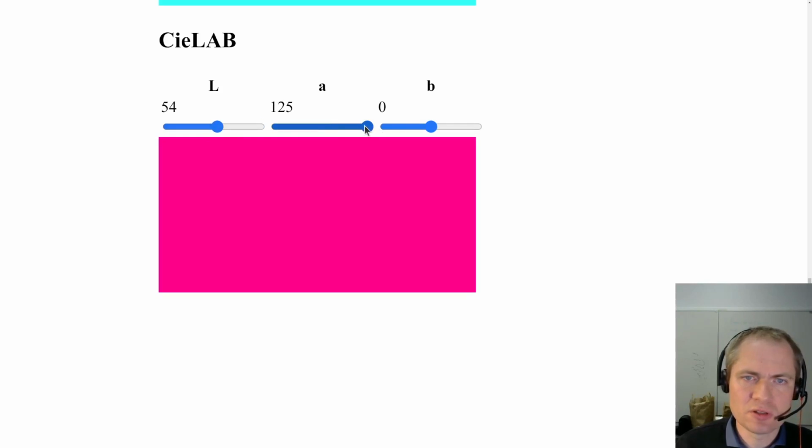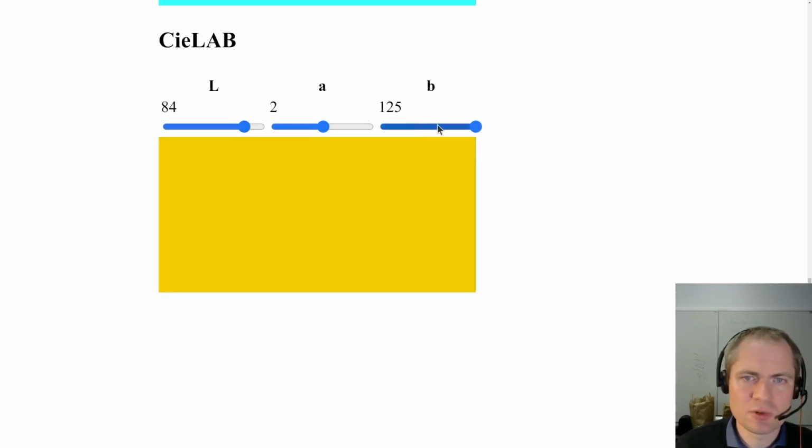If we limit the luminosity a bit, we can also see that it actually goes from green to some kind of red. And similar for the B component, it goes from blue to a dark yellow or brown, but if we increase the amount of light, we can actually see it goes from a kind of blue to a kind of yellow. And these are different values we can use to describe a color.